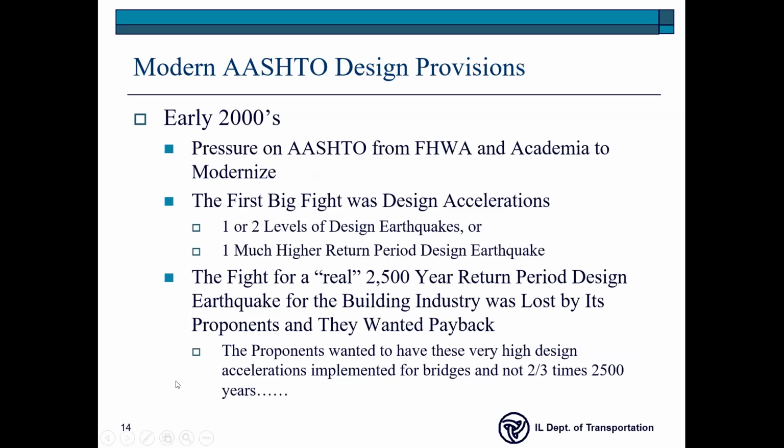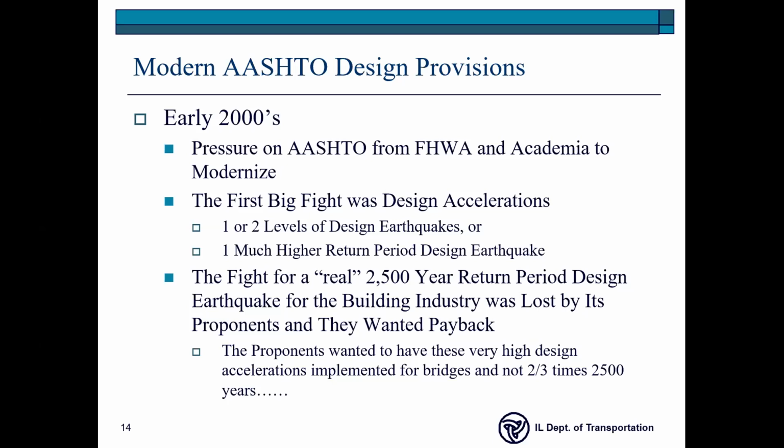And part of what happened along the way, and this gets into some of the politics, was that a couple of years before in the building industry, the academic folks especially, these were people who were like in New York State of all places and California, were really pushing for a 2,500 year design return period, which meant that the seismic demand you would have to design for, the accelerations, would be really high, okay? And that would mean that buildings would be a lot more expensive.